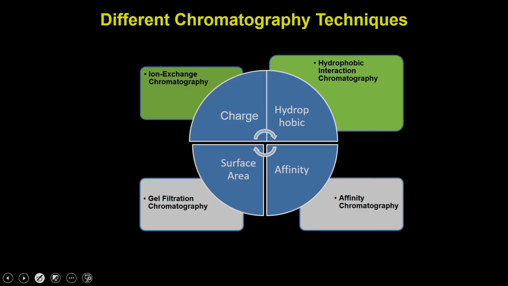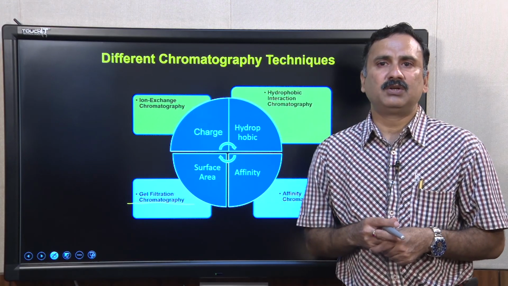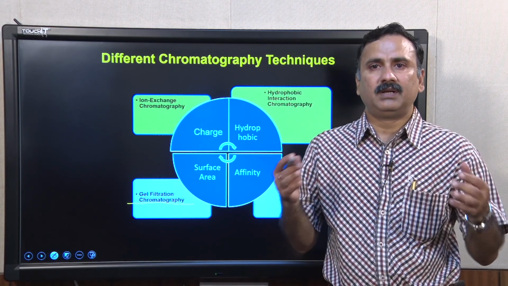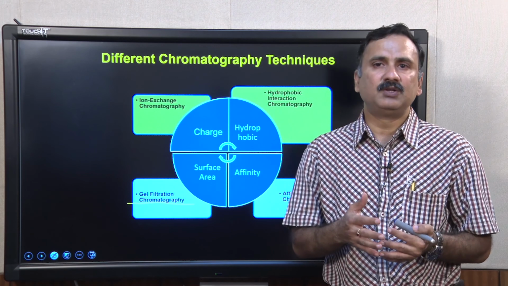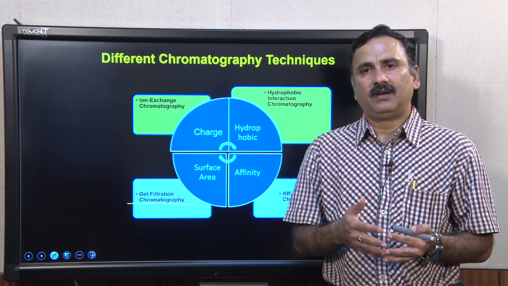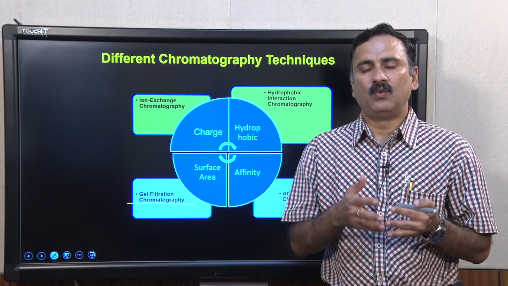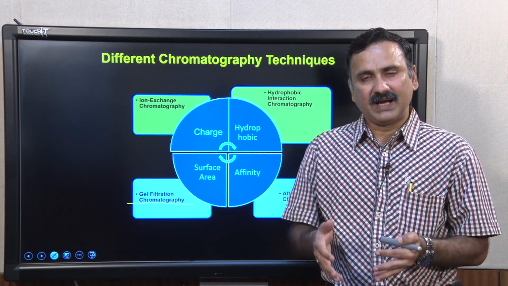Today we are going to discuss gel filtration chromatography, whose basic principle is that proteins are separated based on their size, and we will discuss how we can achieve that.